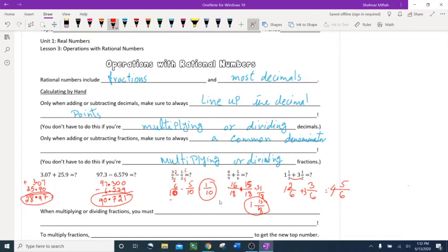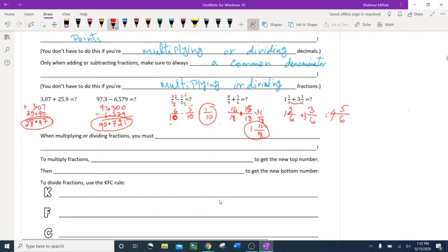Okay. When multiplying or dividing fractions, you must turn any mixed numbers into improper fractions. First, that's the first thing you should do.